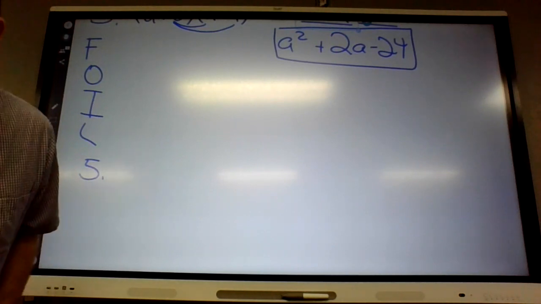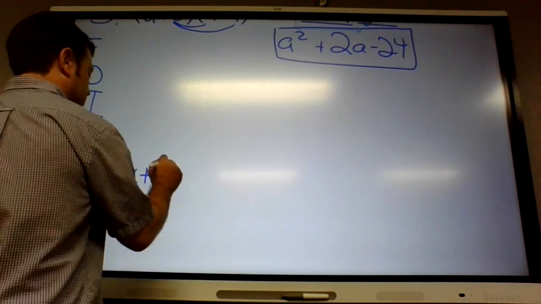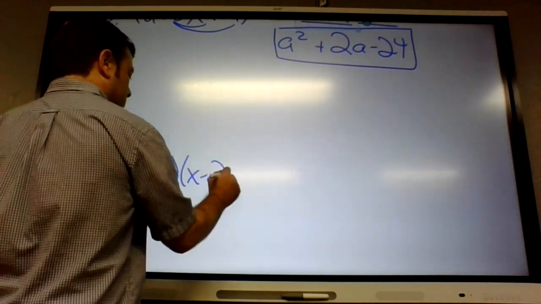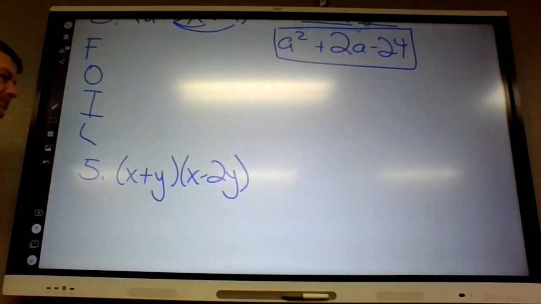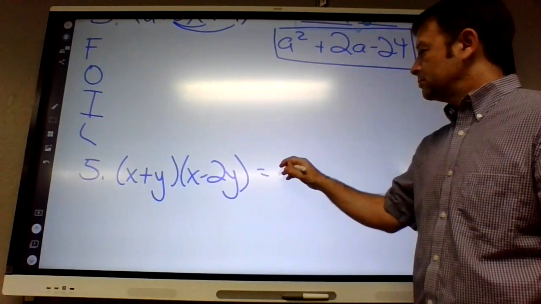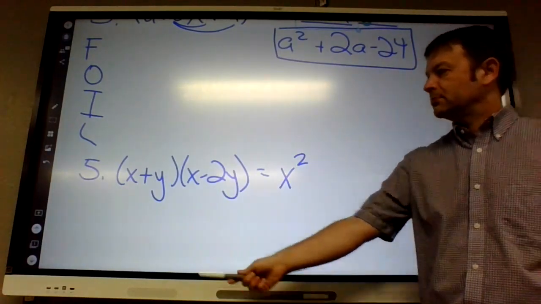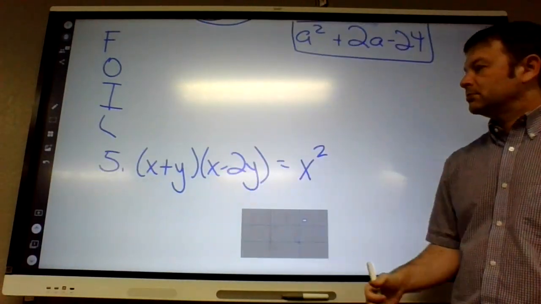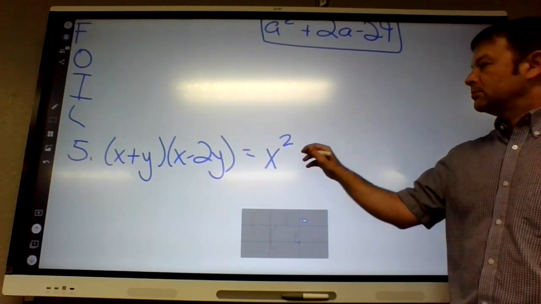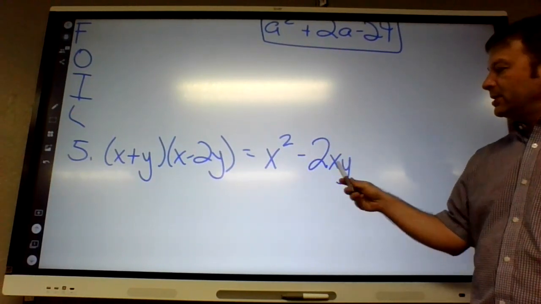Number 5. All right, Eli. So, first. Outside, it's going to be negative 2x. Right. Can't really multiply the 2y and the x.